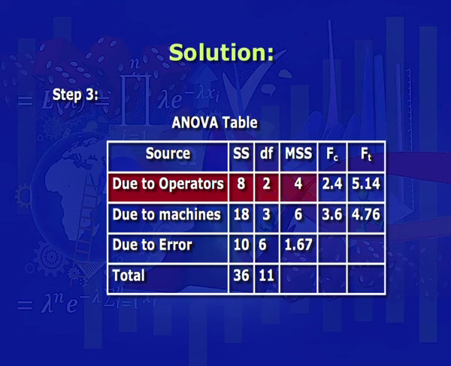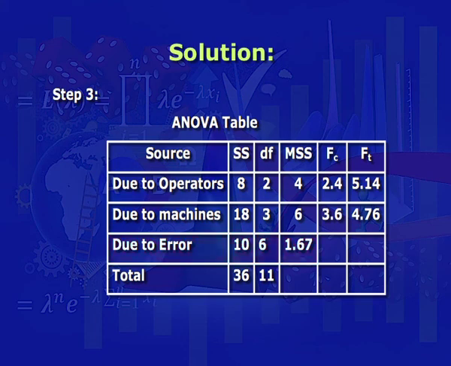So, mean sum of squares equals sum of squares divided by degrees of freedom, which gives the value 4. Similarly, due to machines, sum of squares is 18, degrees of freedom is 3, and therefore, mean sum of squares equals 18 divided by 3, which is 6. And due to error, sum of squares is 10, degrees of freedom is 6, therefore, mean sum of squares is 10 divided by 6, which is 1.67.